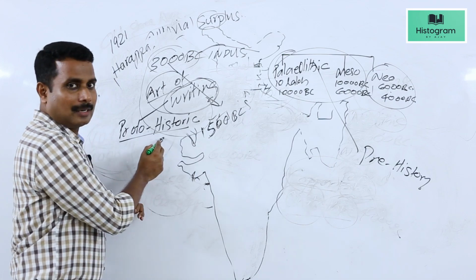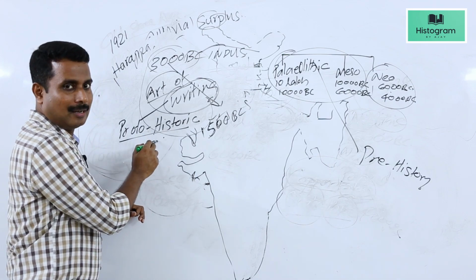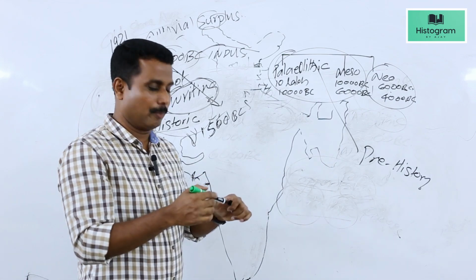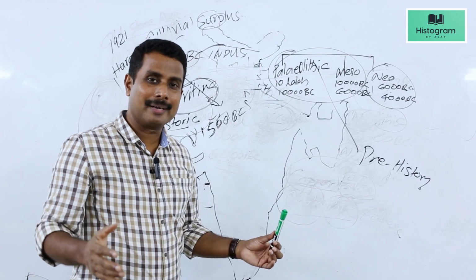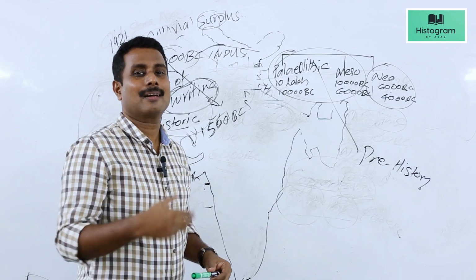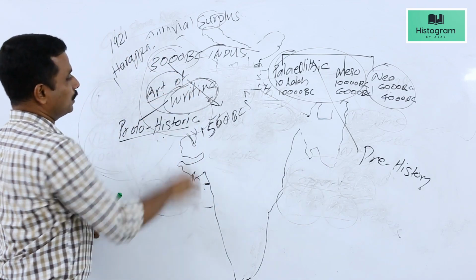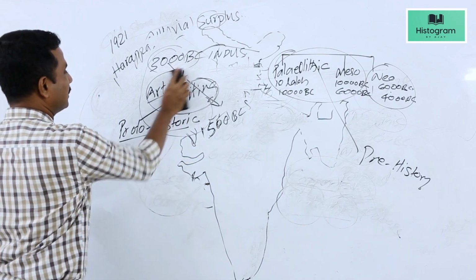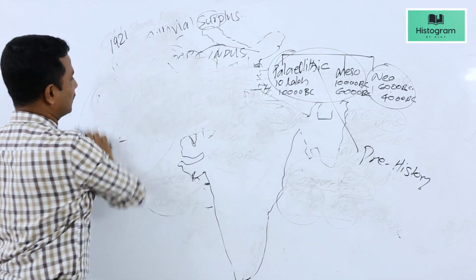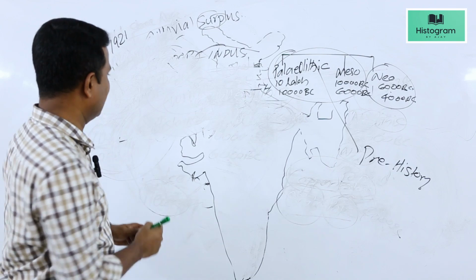And proto-history is that period in human history where we have documents of those people, but we could not read and understand what they are trying to say. Clear?